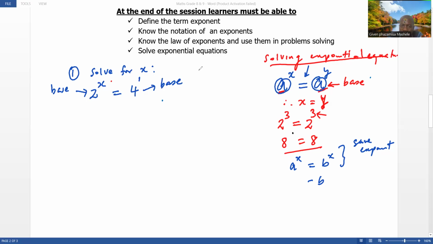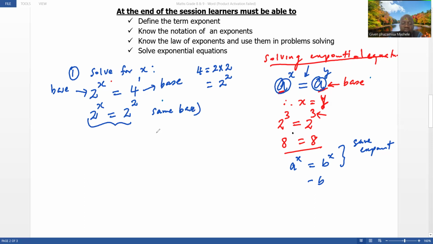So you can change this to have the same base. How? 4 is the same as 2 times 2, and 2 times 2 is the same as 2 to the exponent of 2. So we have 2 to the exponent of x, and 4 is the same as 2 to the exponent of 2. Now look at this. The bases are the same for equality.